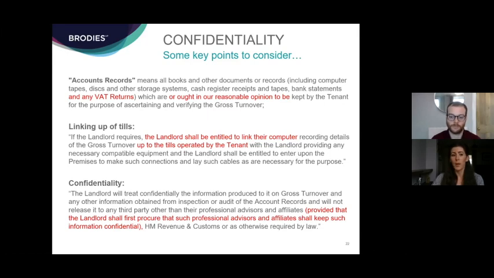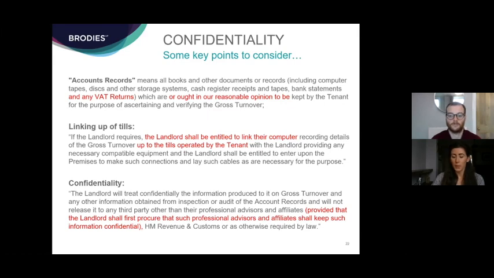So what is the tenant required to provide? The account records on the slide there usually includes all books and documents or records, including computer tapes, discs and other storage items, cash register receipts and tapes, bank statements.